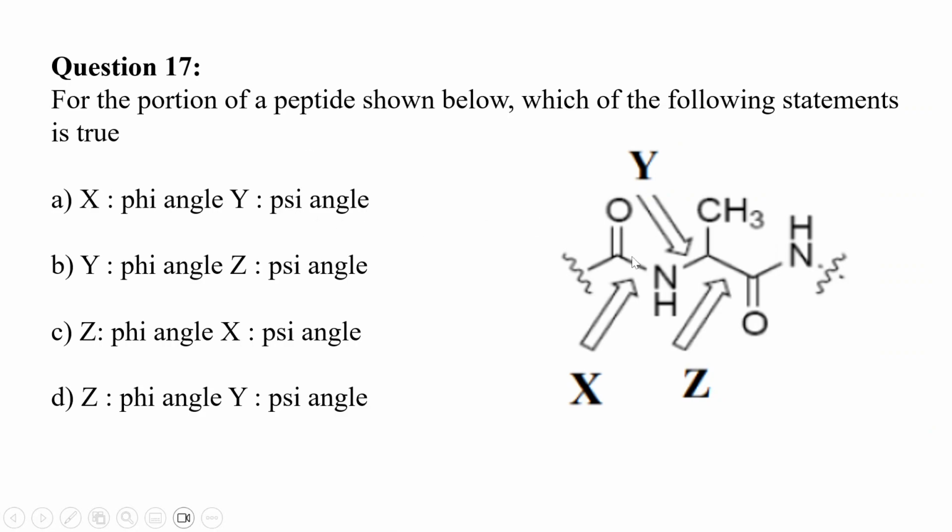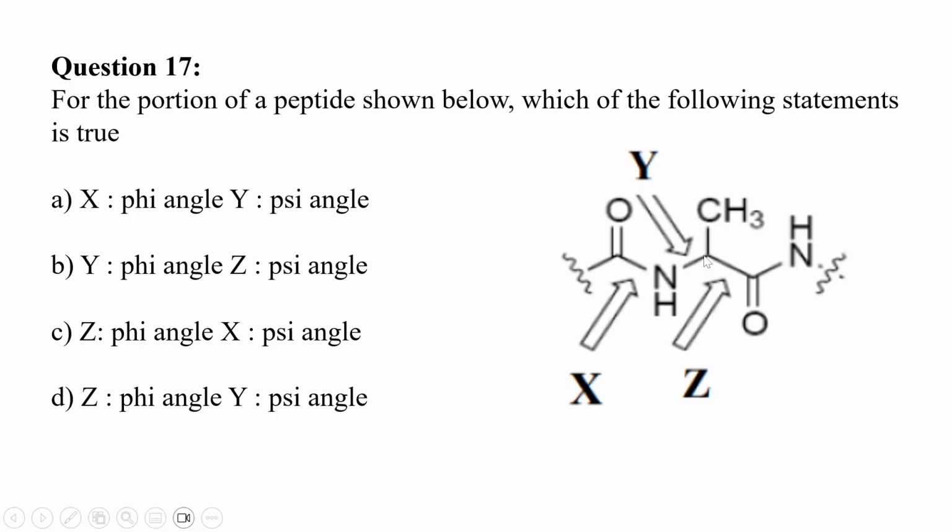So if you see, here we have again a carboxylic carbon, the amino group of the next amino acid, the C alpha, and again the C. So the bond between the amino group and the C alpha, that bond's rotational angle, or the dihedral angle, is called phi, which is labeled by Y. So this Y is basically nothing but the phi angle.